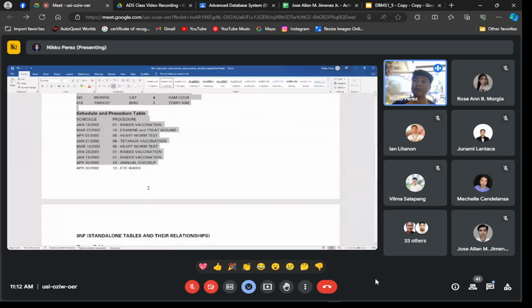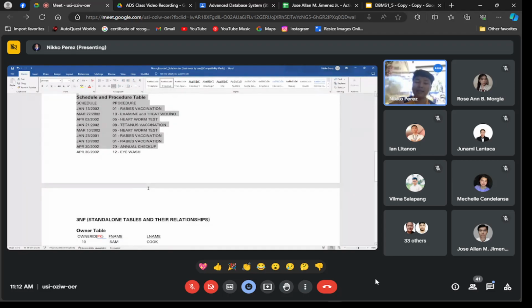In our third normal form, there are a lot of policies that we must follow, we must obey, because somehow this is already the end of our database structures. So this will be already our design for our tables.